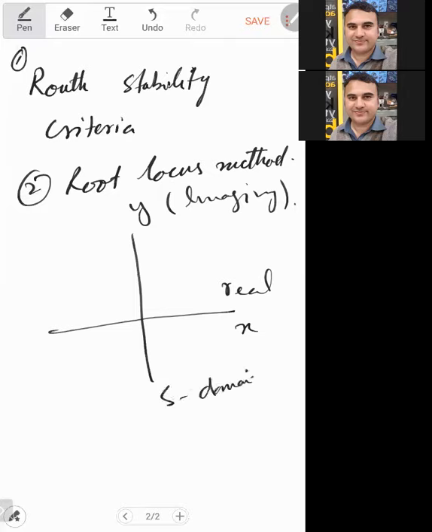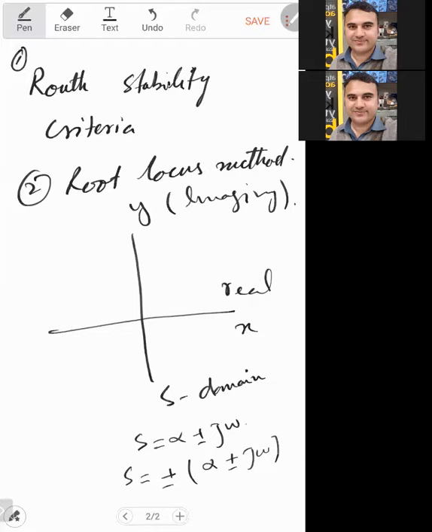We talked about this in the previous session: what is the S domain? We said that S is alpha plus or minus j omega.